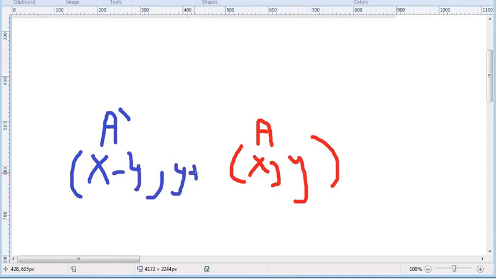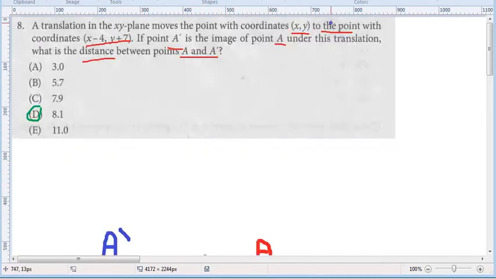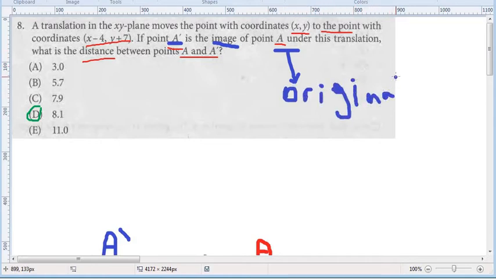So you might be asking how I knew that point A dash was the one with x minus 4, y plus 7, and how I knew that A was the one with the location x, y. It's because the question tells us here in the second line that point A dash is the image of point A under the translation. So point A is the original point, and A dash is the translation of point A. So that's how I knew that A dash is the point with the location x minus 4, y plus 7, and point A is the original one with x, y.